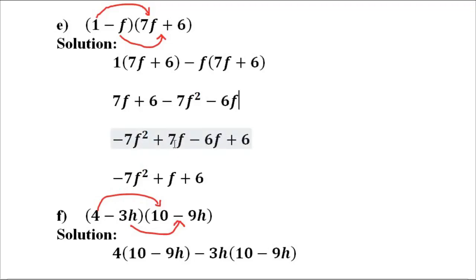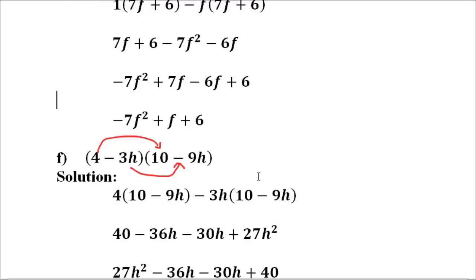We have positive 7f, negative 6f. Combining them gives us positive f. Our simplified expression is negative 7f squared, positive f, positive 6, because we can't add or subtract those terms.